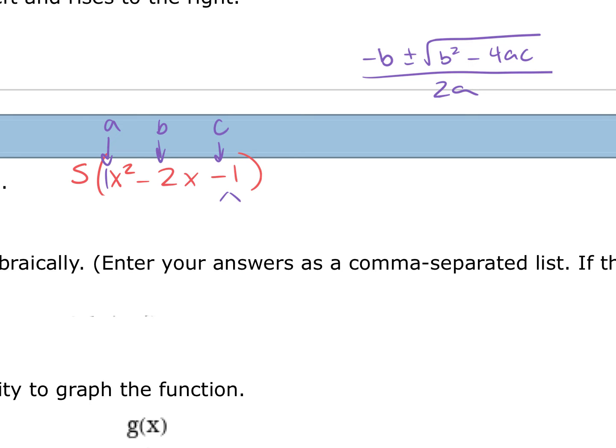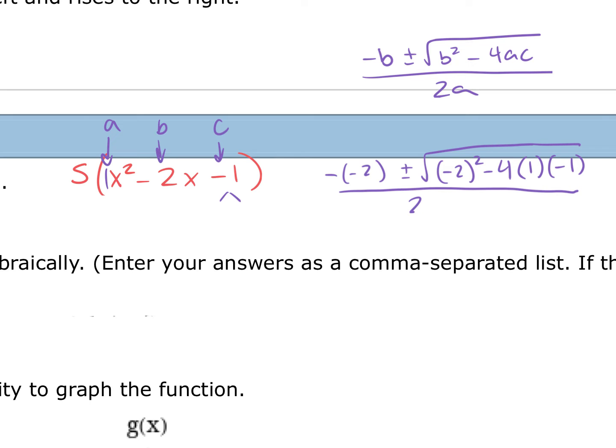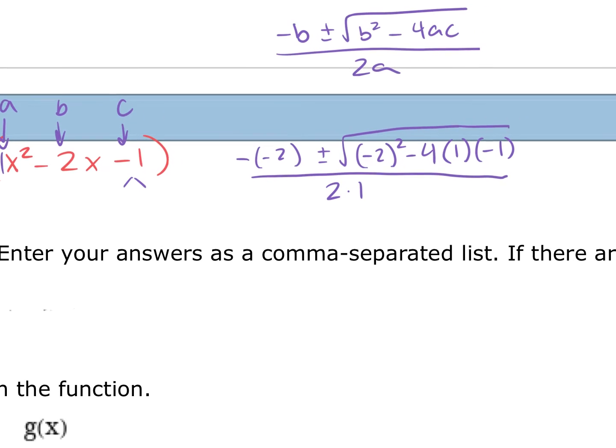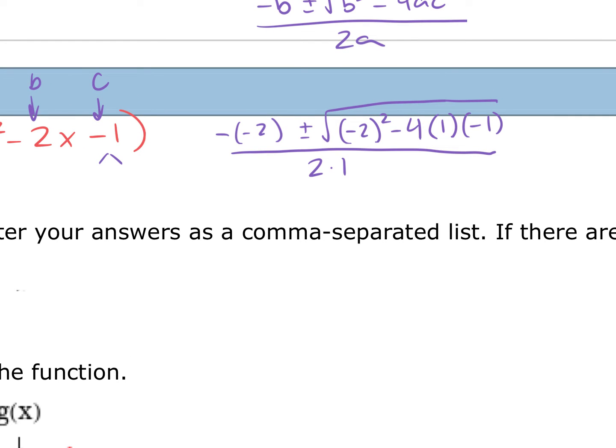So I'm going to plug everything in. I have -2 plus or minus the square root of -2 squared minus 4 times 1 times -1 over 2 times 1. And then from here we simplify.